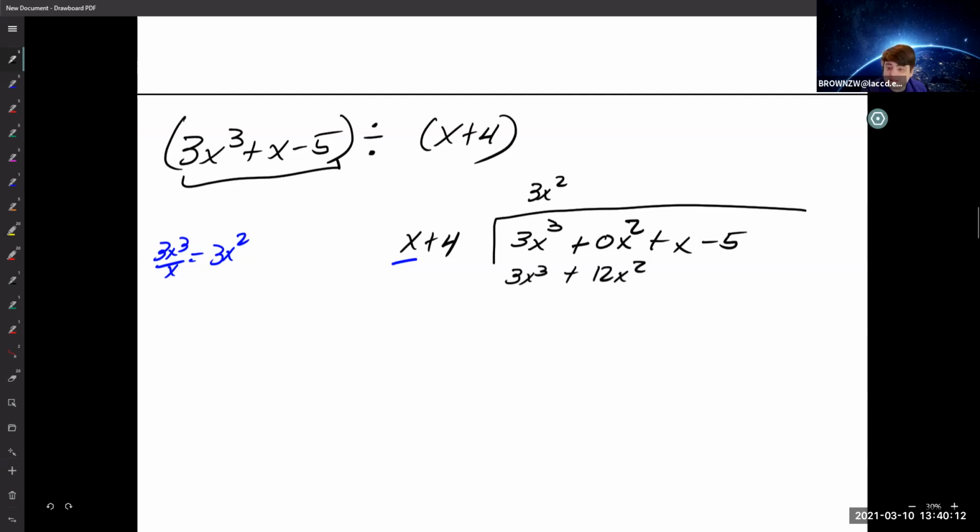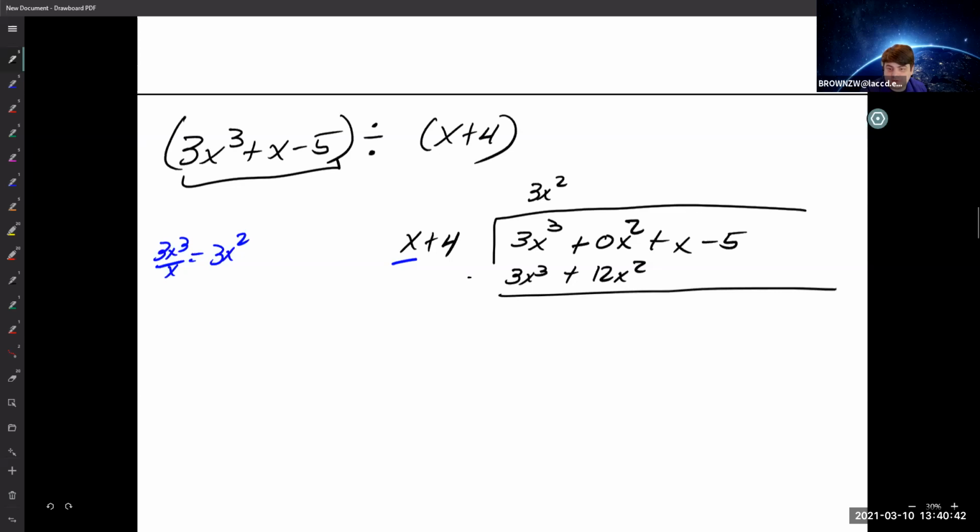And here's why we needed the placeholder, because if this hadn't been there, it would have been plus x minus 5. These here are not like terms, so we can't combine those in any way. This is why that placeholder needs to be here, so we just have a term to combine with.